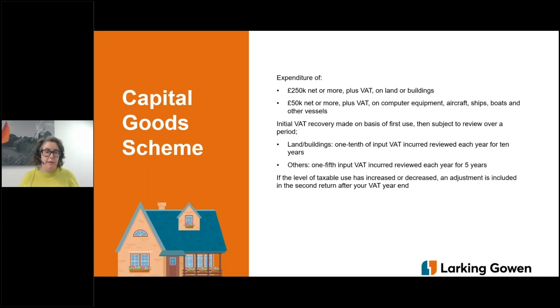So by far and away, the most common scenarios that we see are the 250,000 on land or buildings. And that could be buying a property or land, building, refurbishing, extending, converting, all of those sorts of projects valid and count for the capital goods scheme.